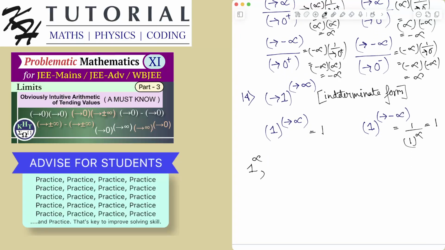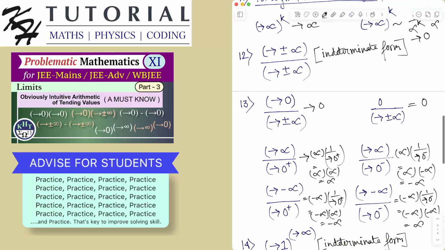Generally we do not say plus minus infinity by plus minus infinity, because minus infinity by infinity is nothing but negative of infinity by infinity. The negative sign is not a problem. The problem is infinity by infinity. So that is the indeterminate form. In general, infinity by infinity is another indeterminate form.